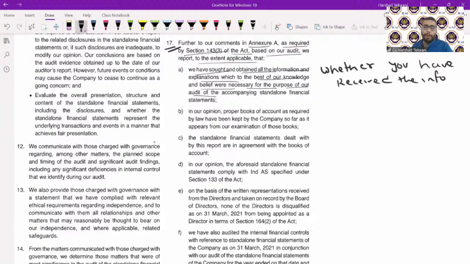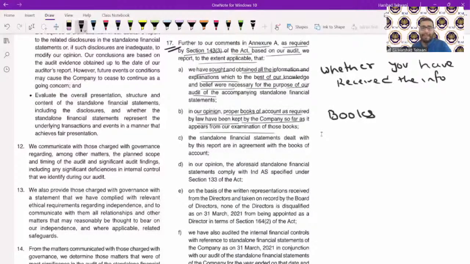Second, whether proper books of account have been kept. So they will say yes, in our opinion, proper books of account as required by law have been kept by the company so far as appears from our examination. So the first point is on information, the second point is on books.